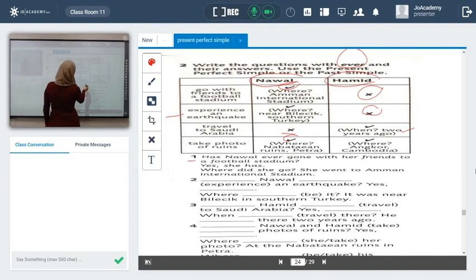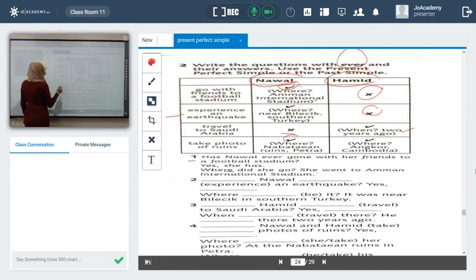So let's see the first one. Has Nawal ever gone with her friends to a football stadium? So yes, she has. Where did she go? She went to Amman International Stadium. Now, what about the second one? Nawal experience an earthquake. So, how do we make a question?